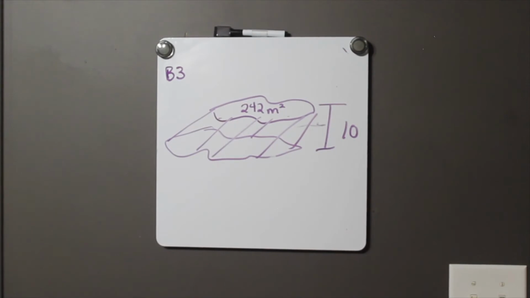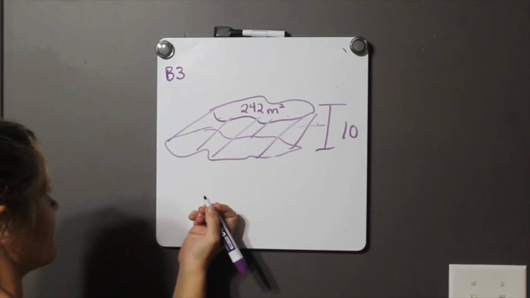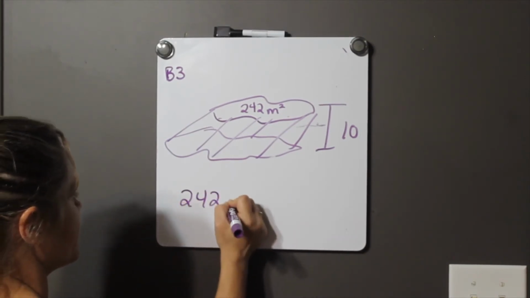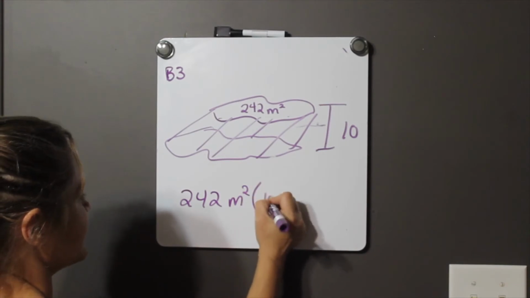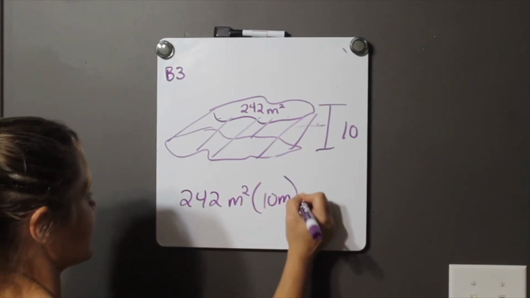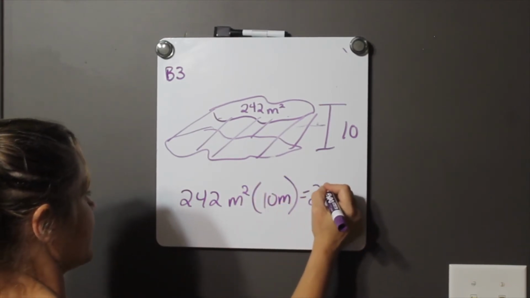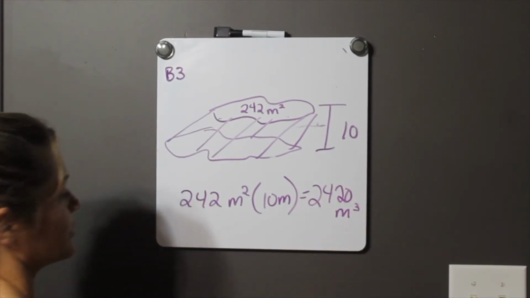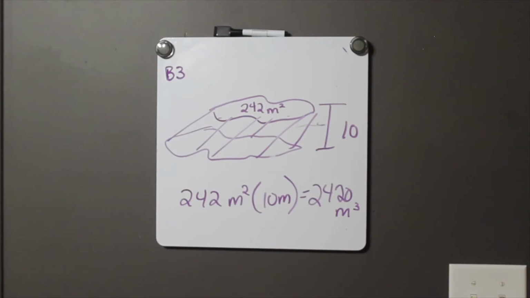The area of the base is 242 meters squared, and its height is 10. So we're going to do the area of the base times the height. 242 meters squared times 10 meters is going to give us 2,420 meters cubed. That one was really easy.